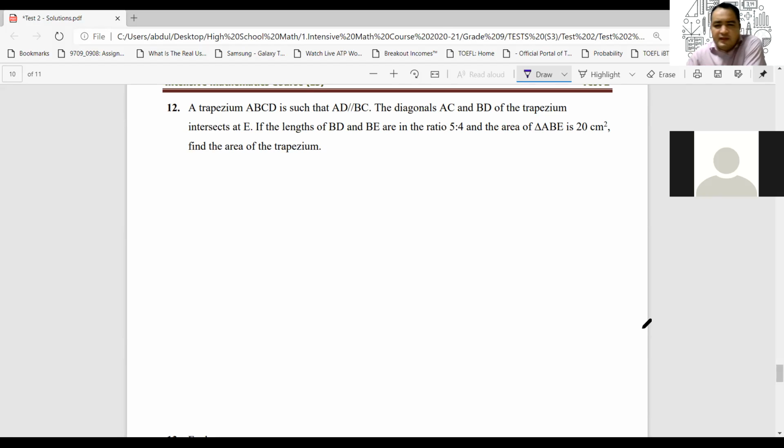Okay, and actually, let me just draw, but it's not to scale. We are talking about this kind of trapezium. Okay, that's our trapezium.